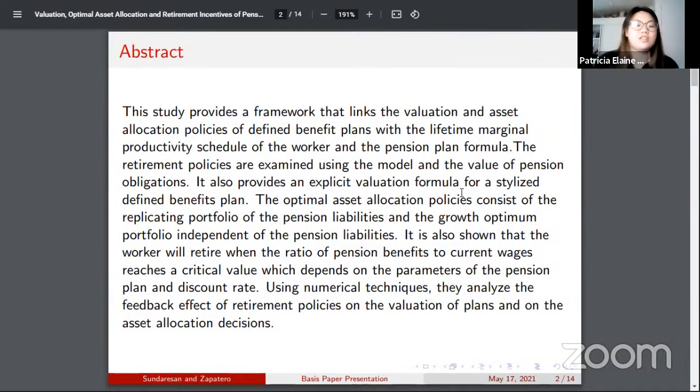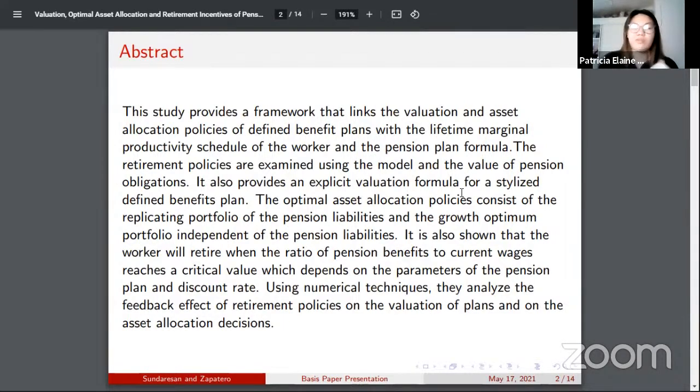First, this research created the framework on the valuation and asset allocation policies of several defined benefit plans based on the lifetime marginal productivity of an employee and the pension plan formula.